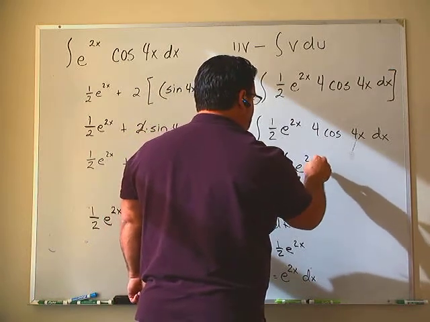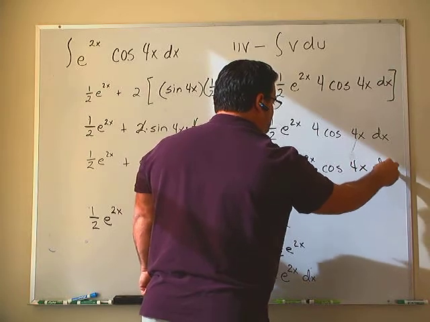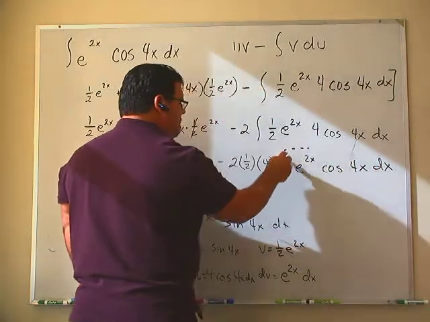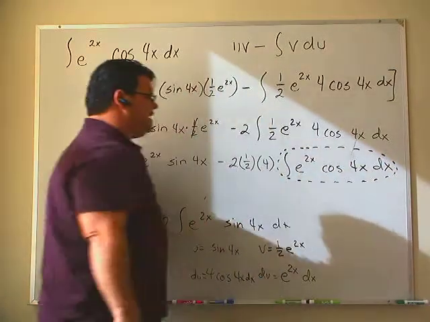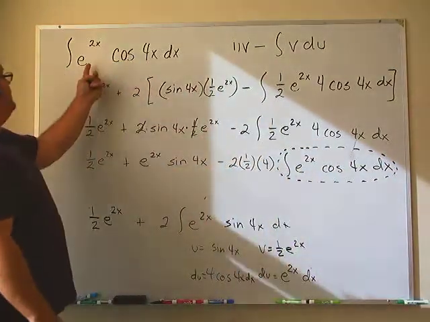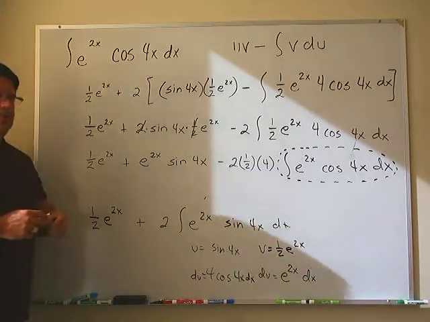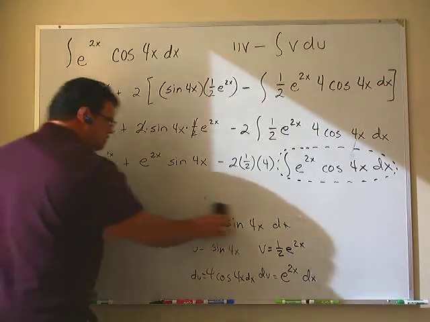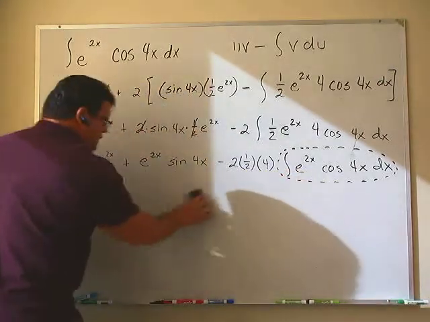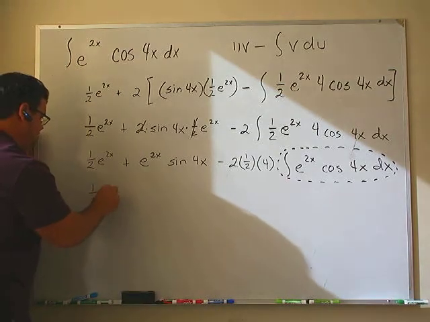So that's 1/2, and then that 4 comes out. And that leaves you with the antiderivative of e to the 2x cosine 4x dx. Now, this right here, does that look familiar? Yes, that's what we started off with. So we may be able to bring that over like an algebra problem and solve for the integral.